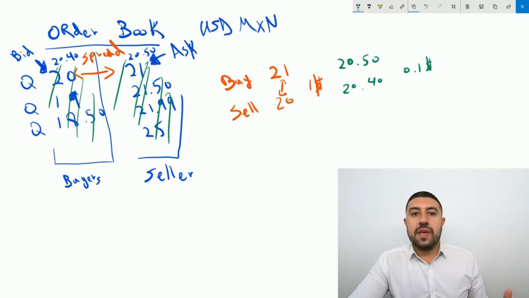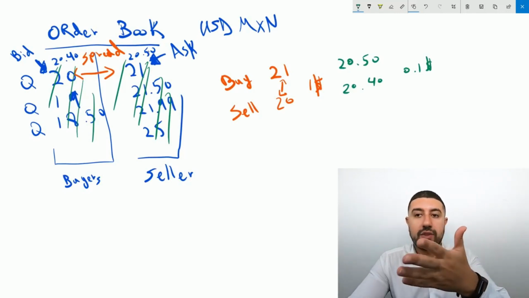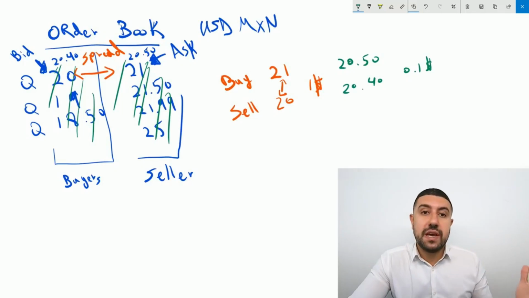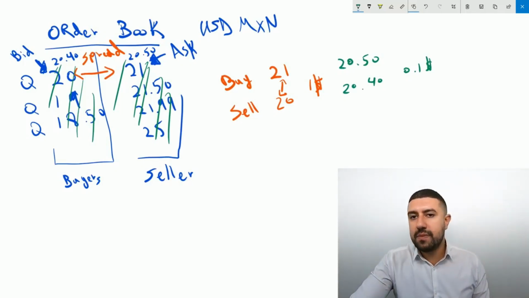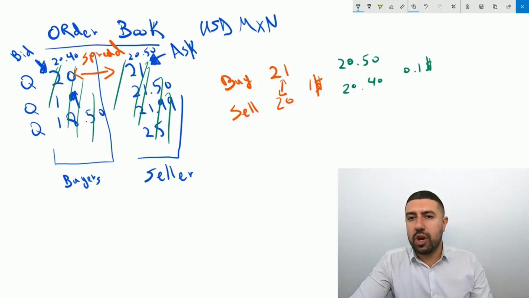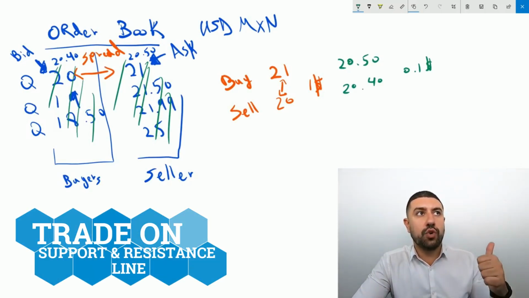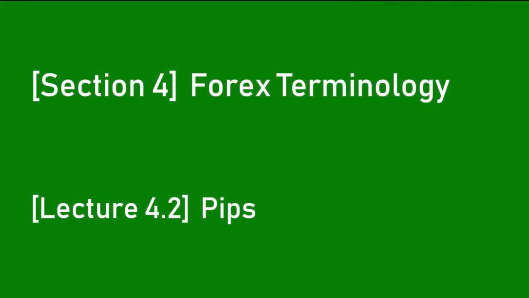But then the problem is if they give it to you at 20.50 and by the time they get it, the price really moved, there's risk. So they might widen their spread when the market is moving a lot. And we're going to get into that when we talk about brokers, but this is something that you want to keep in mind. This is the terminology for spot price, order book, bid price, ask price, and the spread.